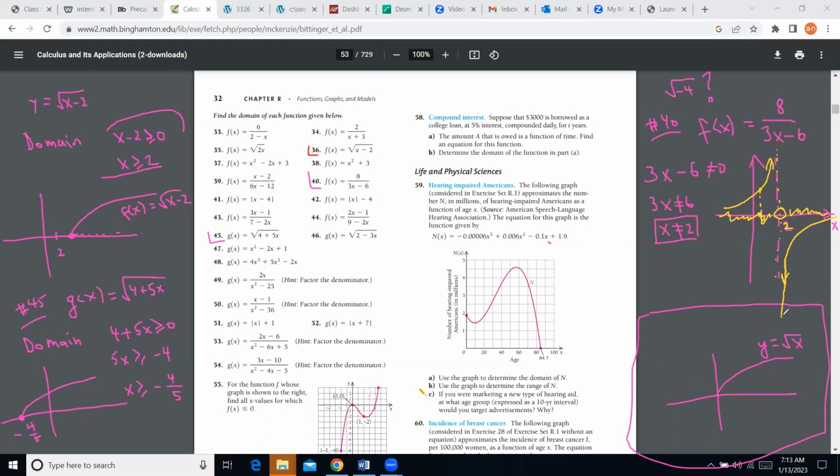But again, it's just a little flavor of what we're going to see in the future. And that's why the domain is so important, because it helps us visualize how the graph is going to look. And our goal in this class will be to graph, one of our major goals.